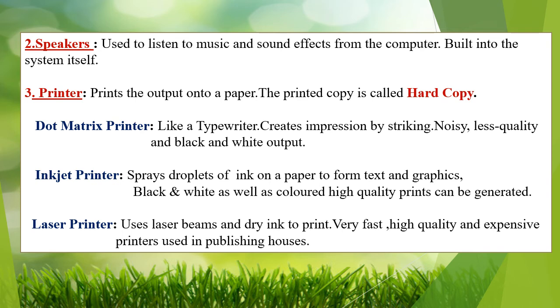Then the third one is the laser printer. It uses laser beams and dry ink to print. They are the fastest, and they produce high quality images, but they are expensive too. It's mainly used in publishing houses.